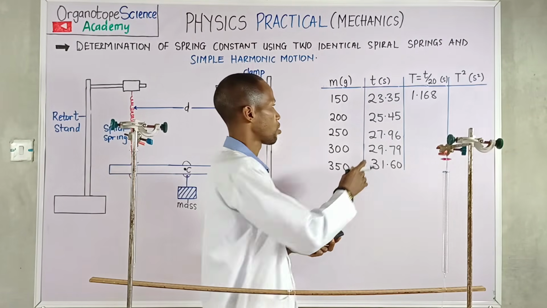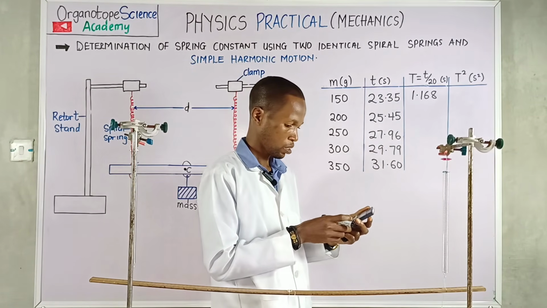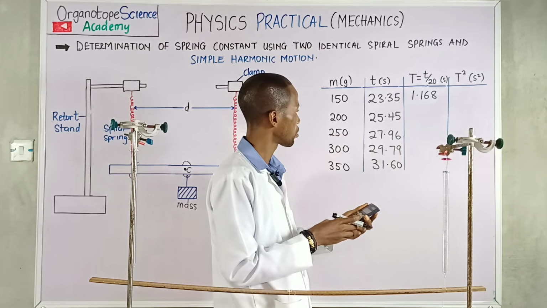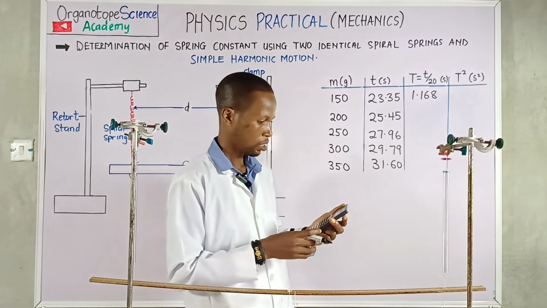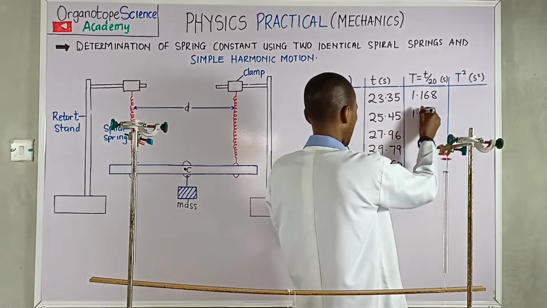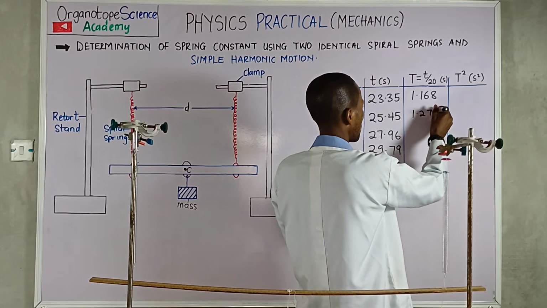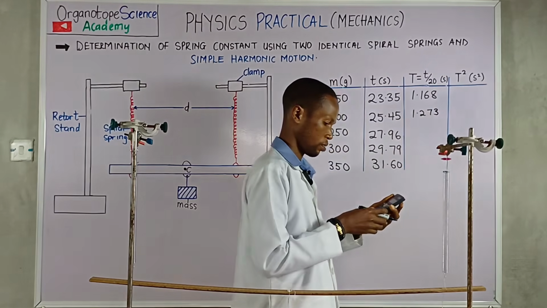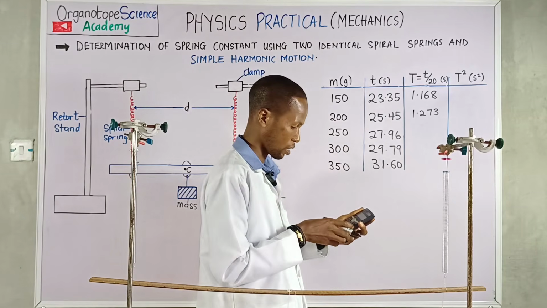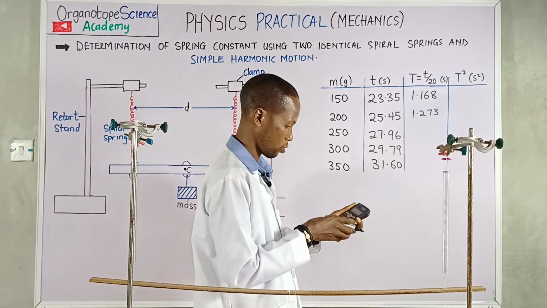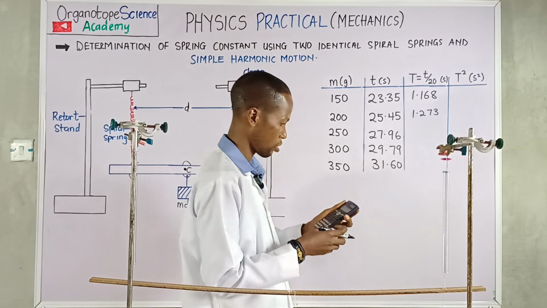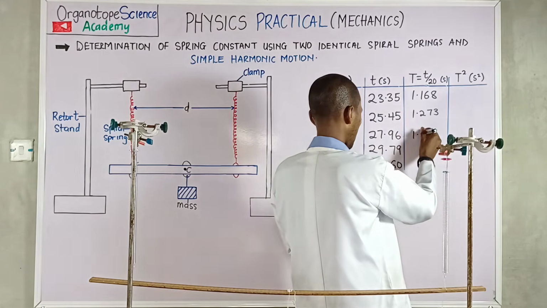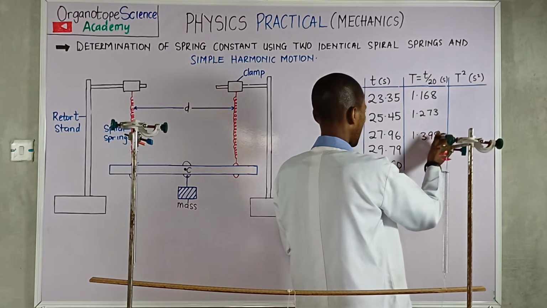Okay, so the next one we have 25.45 divided by 20. That is 1.273. Then the next one, for 250 gram mass, we have 27.96 divided by 20. We have 1.398.